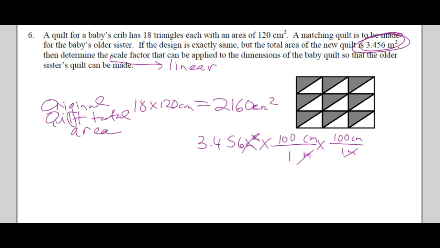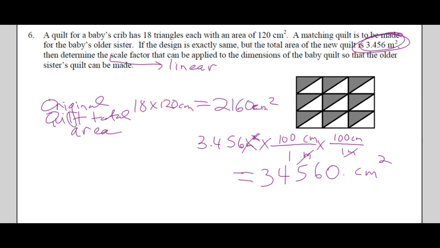Okay, so how many square centimeters is this? You're going to multiply by 10 to the 4th, so you have to move the decimal over 4 places. So after the 4, the 5, the 6, then you have to put a 0 in there.